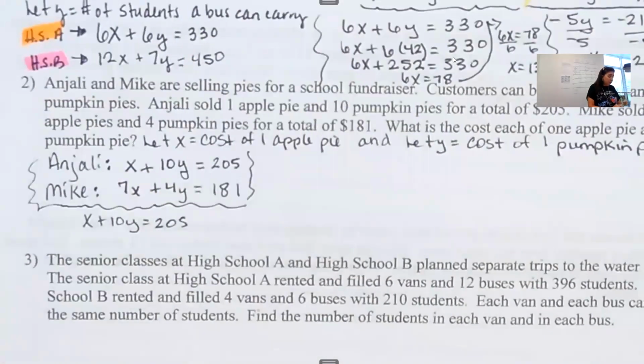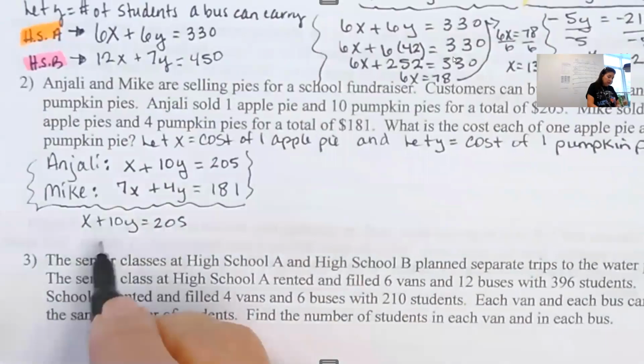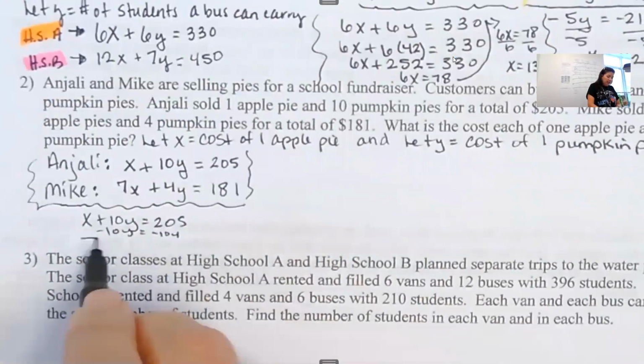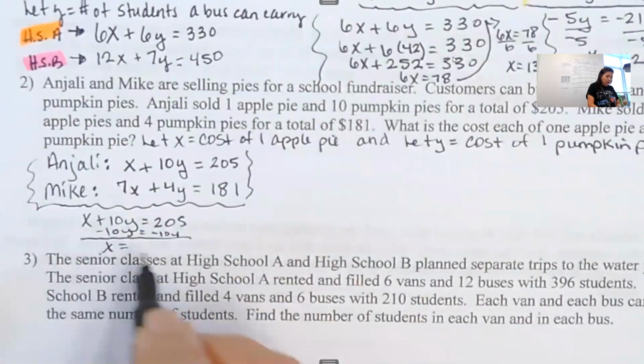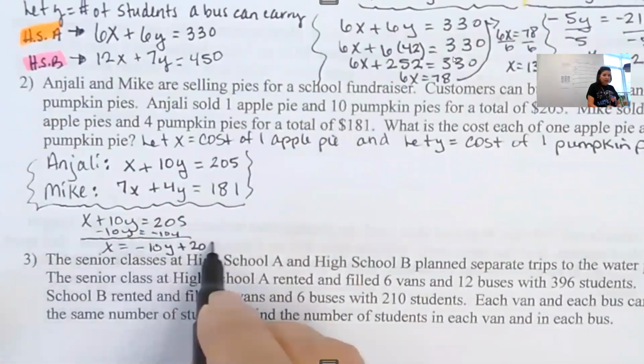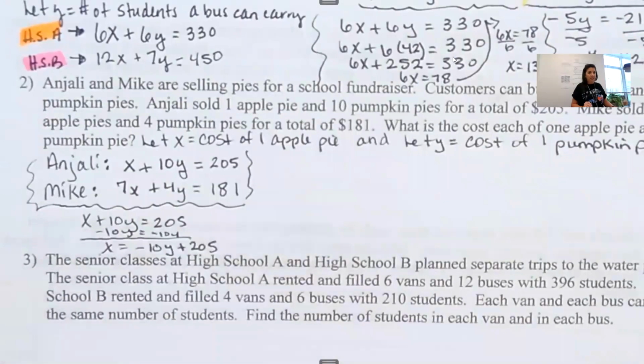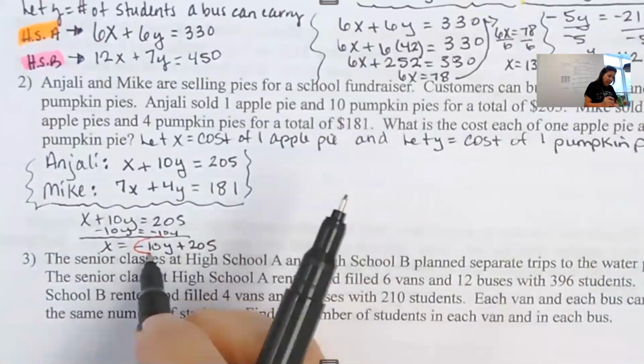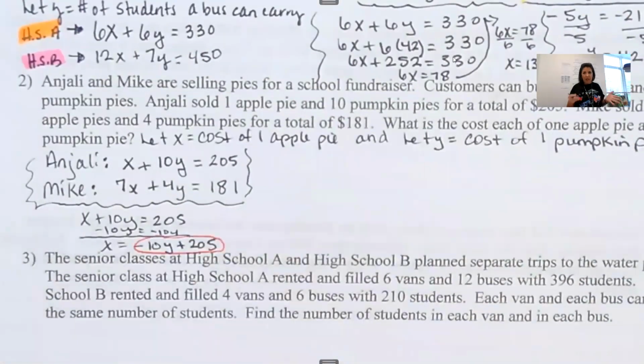Subtract 10y from both sides. So that would be X equals negative 10y plus 205. So I now know that X equals negative 10y plus 205. Eventually, X will be a number, but right now that's all we got, right?